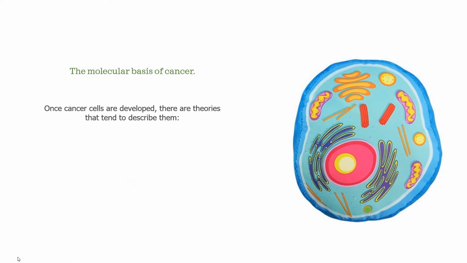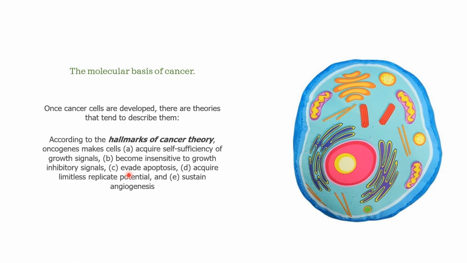Yun. The second theory naman is the hallmarks of cancer theory. So, ang hallmarks, parang criteria, checklist siya. Kapag nandito lahat ng mga to, ibig sabihin nun, magda-develop ang cancer. Yeah, that's actually a simpler way of describing it. So, ang mga oncogenes, so remember, these are genes na na-activate na, okay? They acquire self-sufficiency of growth signals. Remember that cells can send signals to themselves, autocrine signaling.